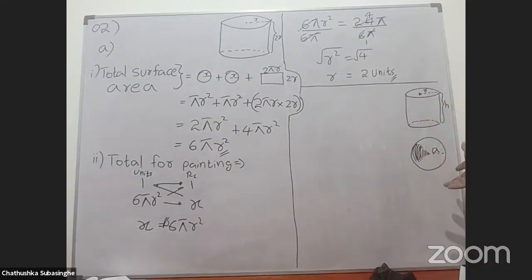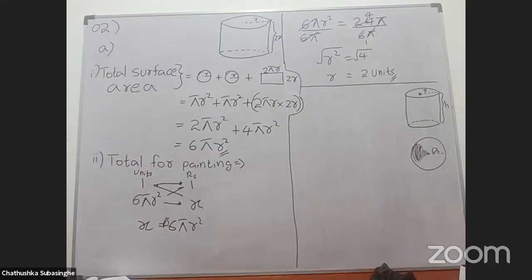So how to make the connection? They are going to make this and create 12 of these. So first we have to find the volume of this cylinder, and then we have to find the volume of 12 of these, and then we can make them equal to each other. Why? If we don't have any wastage, the total volume we have over here is there in 12 of these spheres.